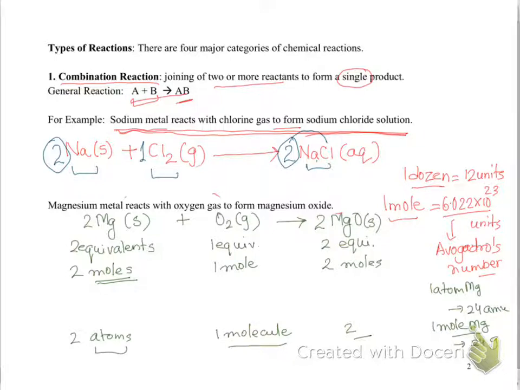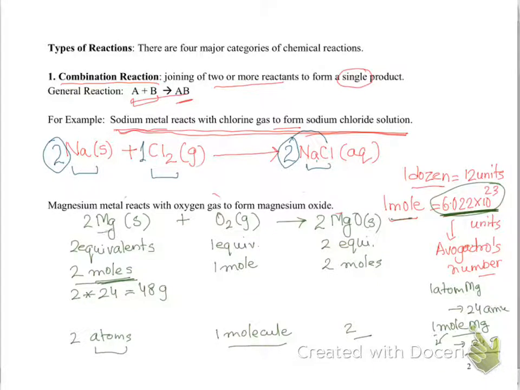And then if I'm saying 1 mole of magnesium, how many magnesium atoms am I talking about? Because 1 mole means these many units. If I'm saying 1 mole of magnesium, I'm talking about 6.022 times 10 to the 23rd atoms of magnesium. But how many magnesium moles do I have here? I have 2 moles. So 1 mole of magnesium is 24 grams, then 2 moles will be 2 times 24, which is 48 grams.